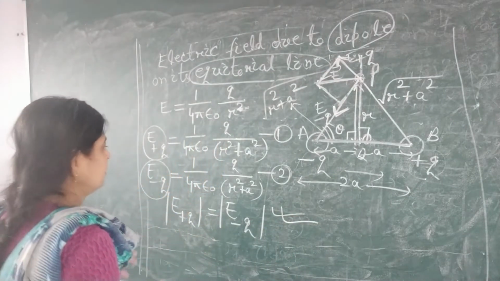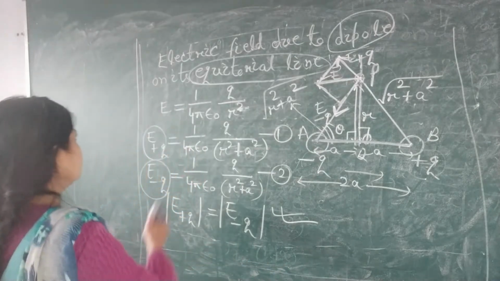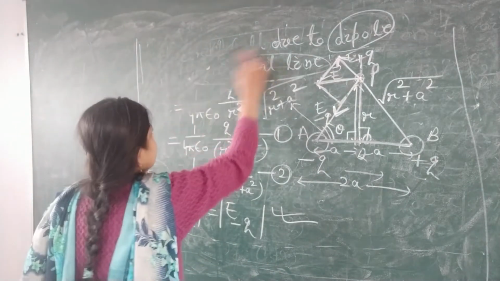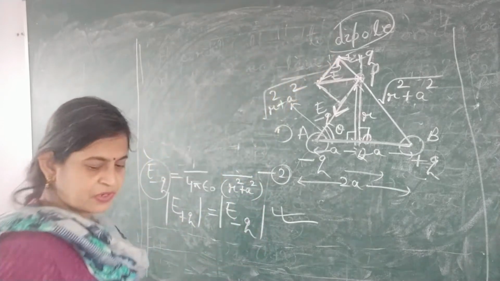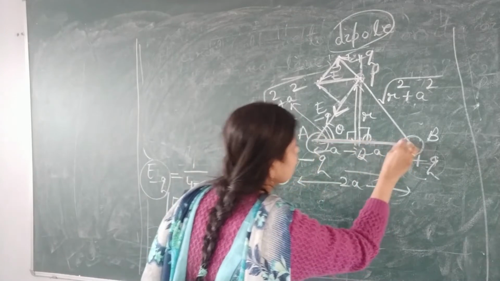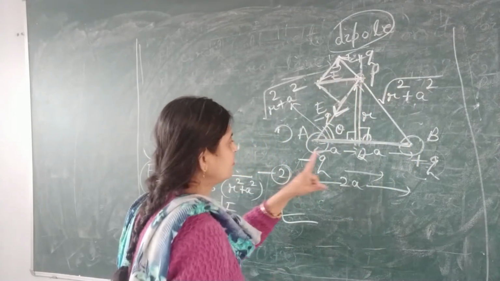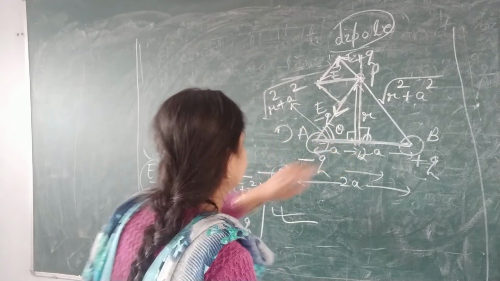Now we will find the total or resultant electric field. We have to consider only the components parallel to the axis of the dipole. For both charges, only the cos theta component will be parallel.